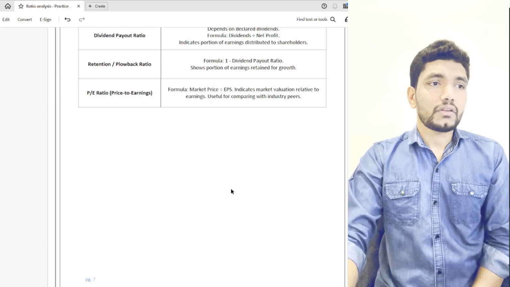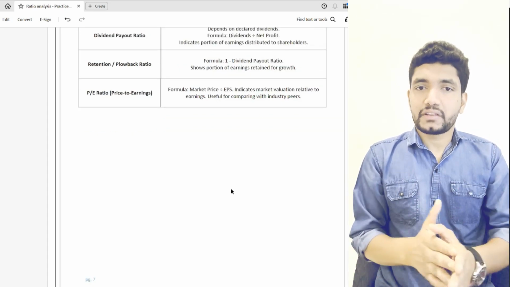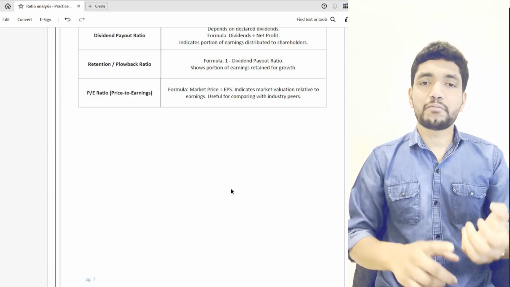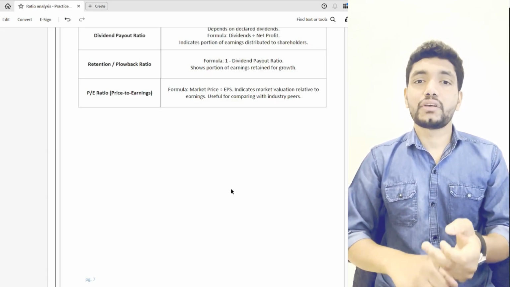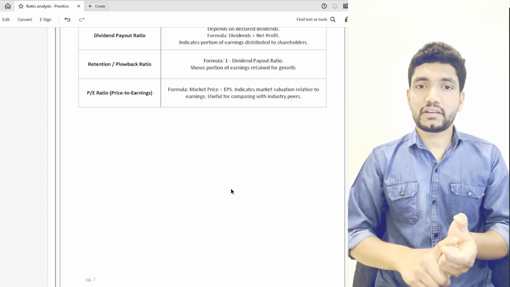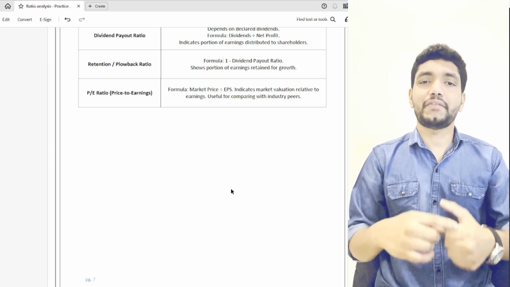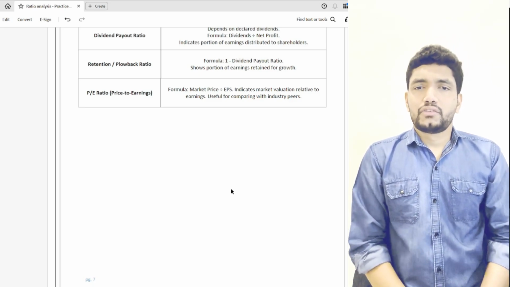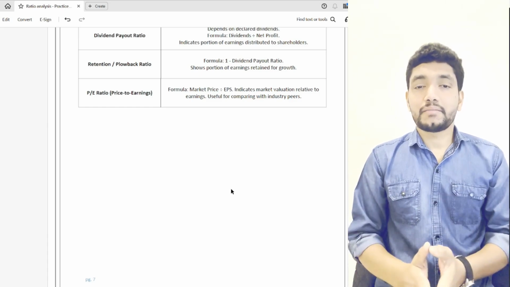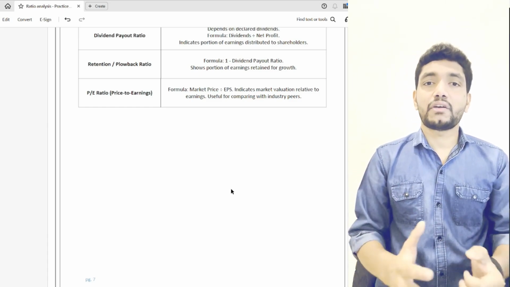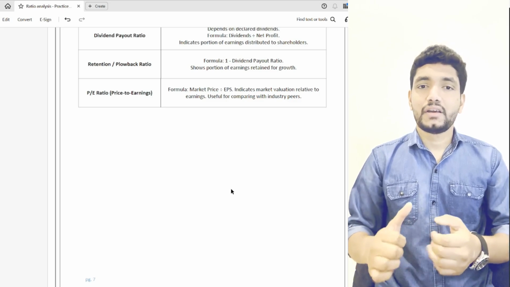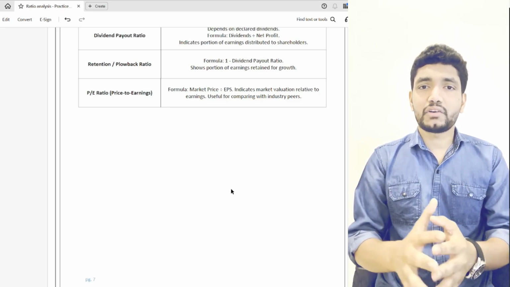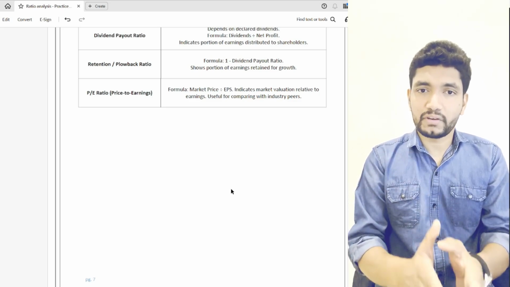So what we discussed today, we came with an income statement and balance sheet, and we have prepared the liquidity ratios, leverage ratios, profitability ratios, activity ratios, and we have discussed the PE market ratios as well. So the liquidity ratios we discussed many times measure the liquidity or short-term solvency of the business. The leverage ratio is long-term solvency.